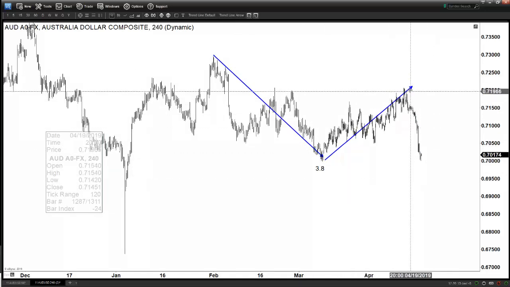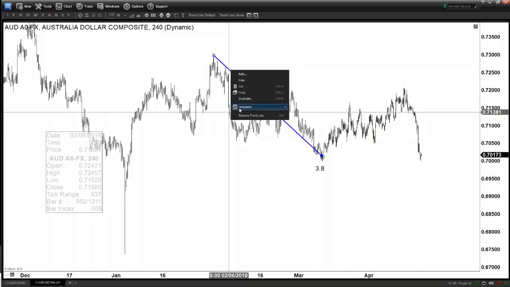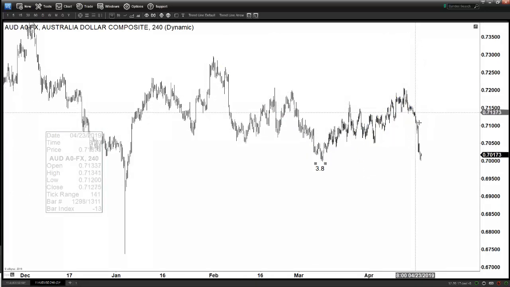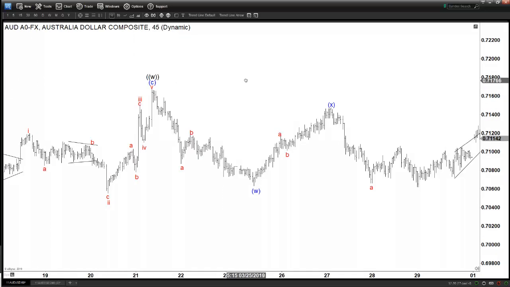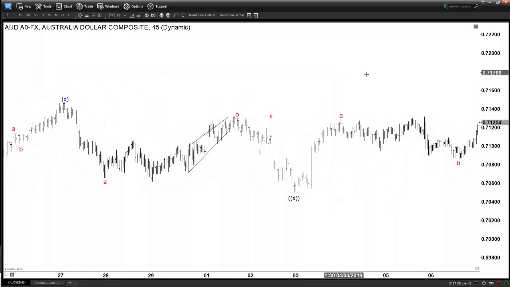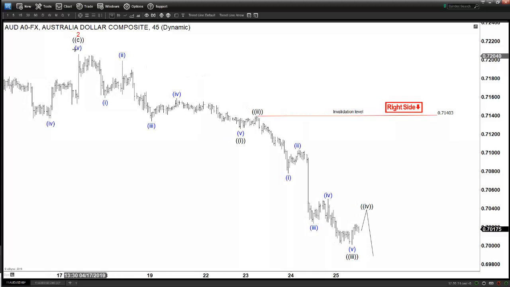All right, and right here we are in the process of ending a 5 waves down from this peak, from April 17. This is what we saw earlier in the 45-minute chart, right? We are looking for that move lower, 1 2 3 4.